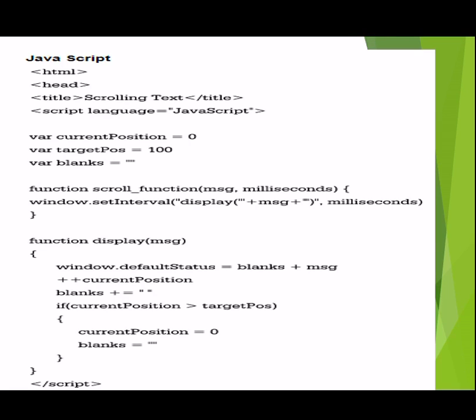So if current position is greater than target position, set the current position to 0 again, and blanks is equal to none. Then close your function, that is the display function.